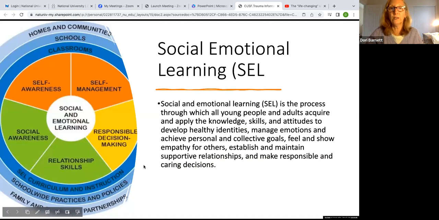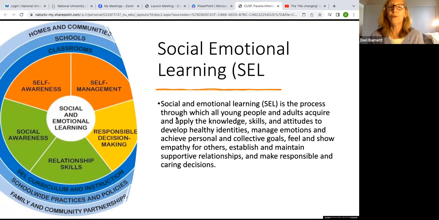Another practice is social emotional learning. I know that many of your schools are implementing a social emotional, or SEL, approach, and you've probably gone to some workshops on that. I know a colleague of mine, Dr. Sangeeta Carmona, has led a lot of workshops on social emotional learning. Social emotional learning is defined by CASEL, the Collaborative for Academic and Social Emotional Learning. It's a great website.